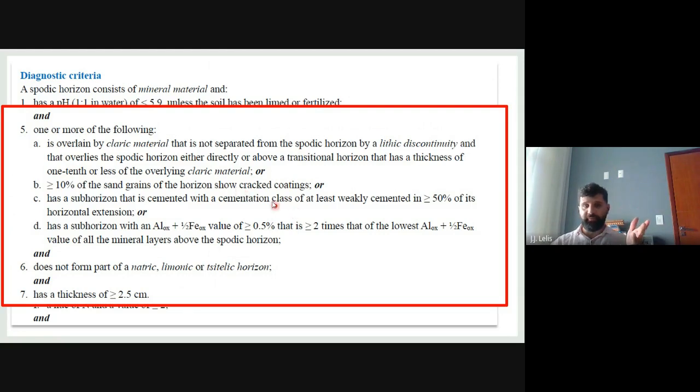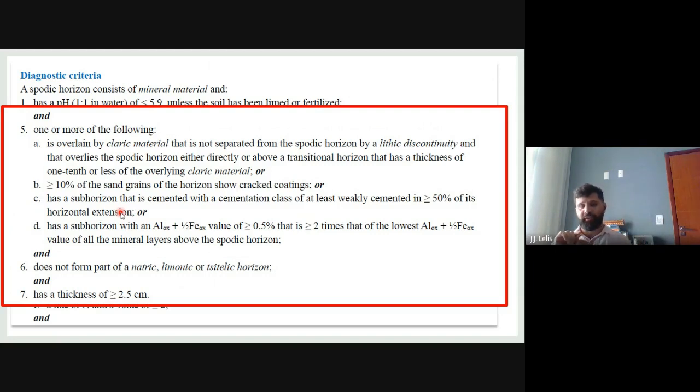And sometimes these cracks are filled by clay or even sand materials from the surface horizon. Okay, it could present a subhorizon that's cemented, and the cementation is weakly cemented in 15% or half of the horizontal extension. So we can see the cementation of this material.